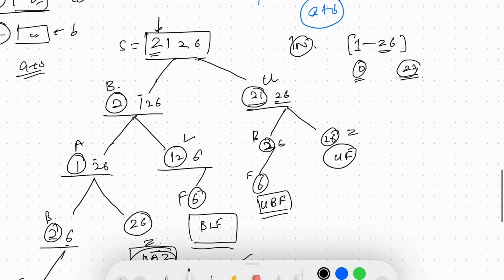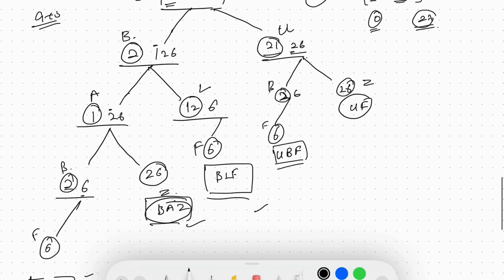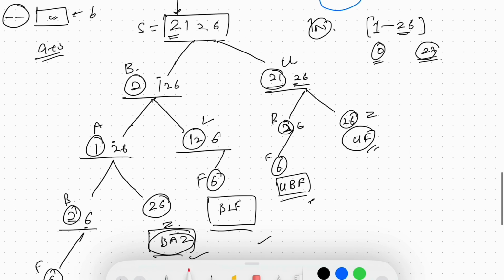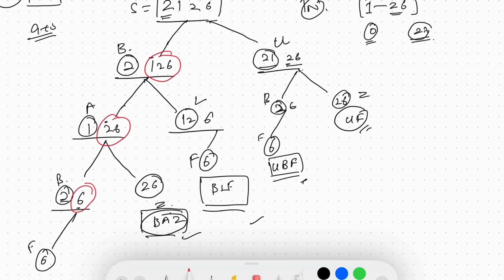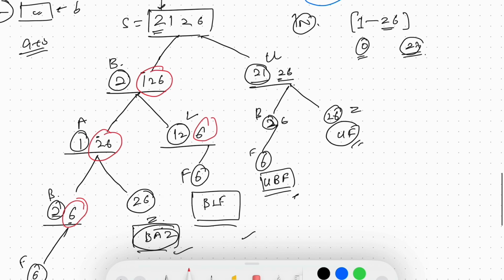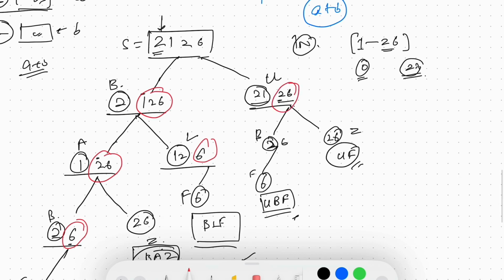Okay. Now we have made all the valid possibilities. Here, let's explore. First of all, we decoded in this way, considering one element, and at this moment we decoded 26, and then here we decoded 6. We decoded 1 2 6. Okay. Then after in the further call, we decoded 6 here, and then we decoded 26 here.